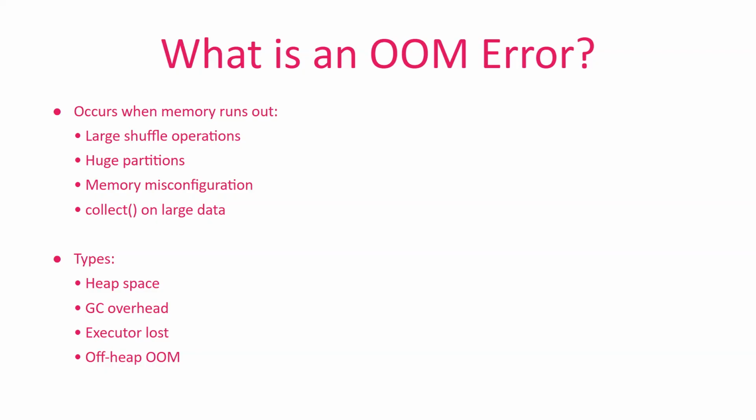Common error types: executor lost due to out of memory, GC overhead limit exceeded, Java heap space, off-heap Tungsten memory. This error usually indicates memory misconfiguration or insufficient data processing.